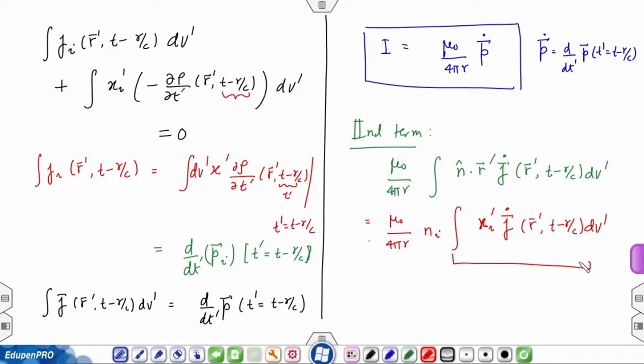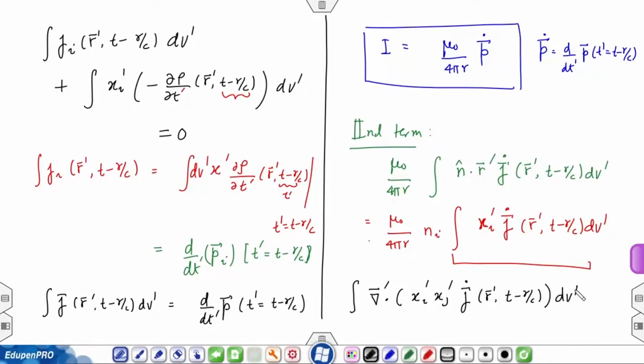Now, to calculate this, let us write the integral, just like we did in the previous case, of the divergence with respect to the primed variable of x I prime x j prime j dot r prime at t minus r over c dv prime.